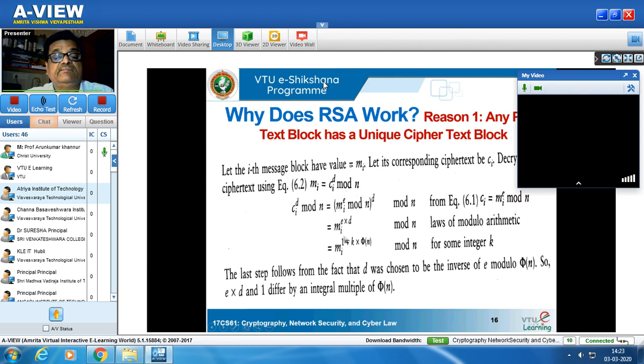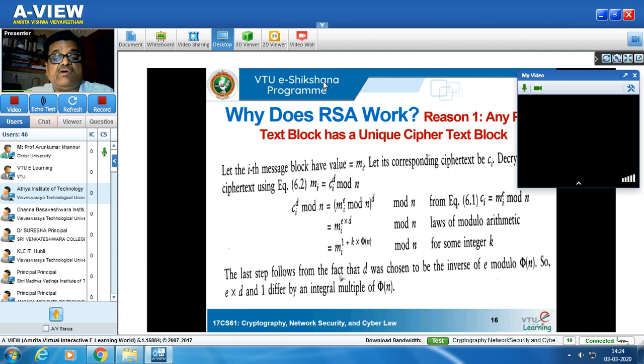When you put that value, we get mi to the power E, mod n, raised to d. And now, from the laws of modulo arithmetic, when we simplify, we get that the message mi is a combination of the product of encryption E and decryption D.